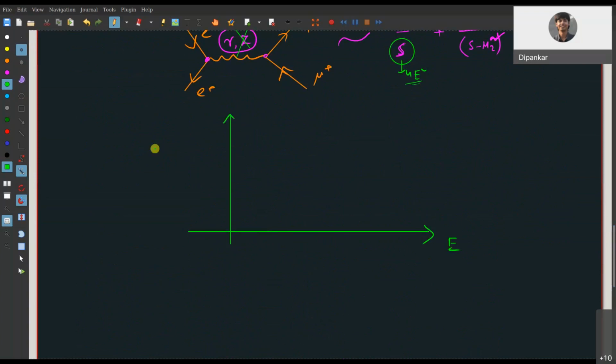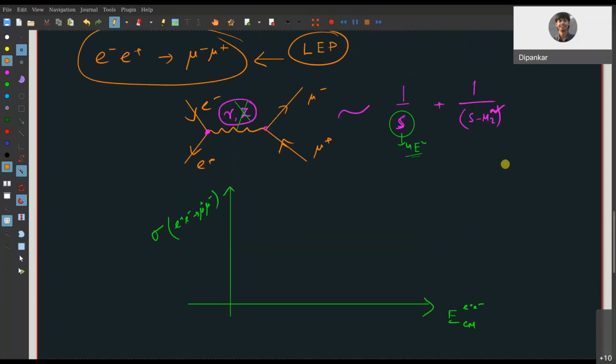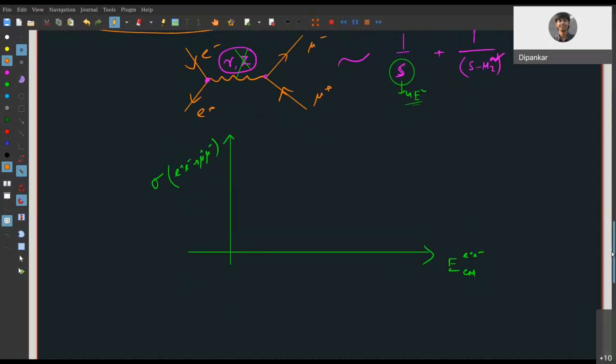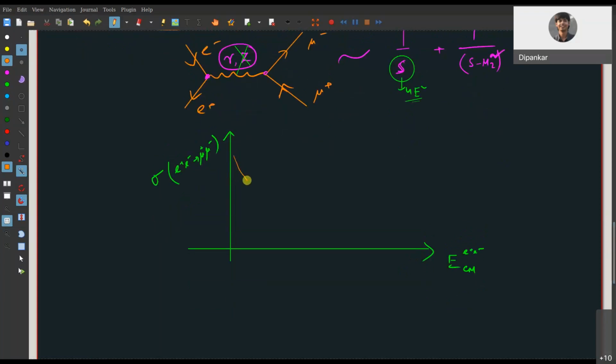You plot the cross section sigma of E plus E minus to mu plus mu minus, and you tune the center of momentum energy of the E plus E minus system. So basically you are scanning through all possible values of energy. Initially, at low values of energy, the Z boson will not contribute, and the cross section drops as 1 over E squared, as expected.